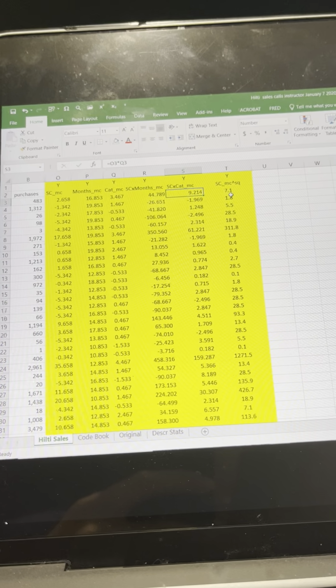All right. And so let's start with this one here. This is the coefficient of sales calls, mean centered. And the number is, let me round it, it's 38. So if you raise your sales calls above the average by 1, then you get $37 more purchases from the customers that you call on.